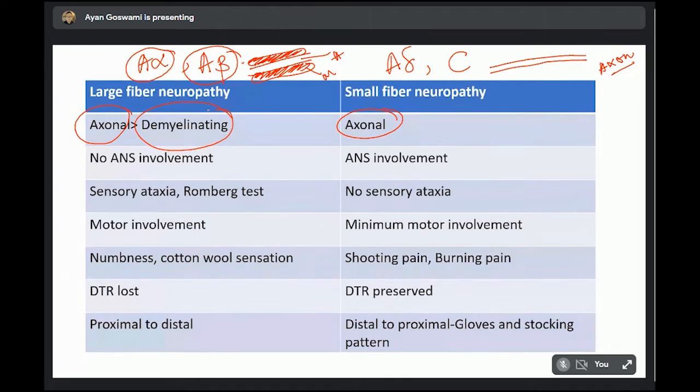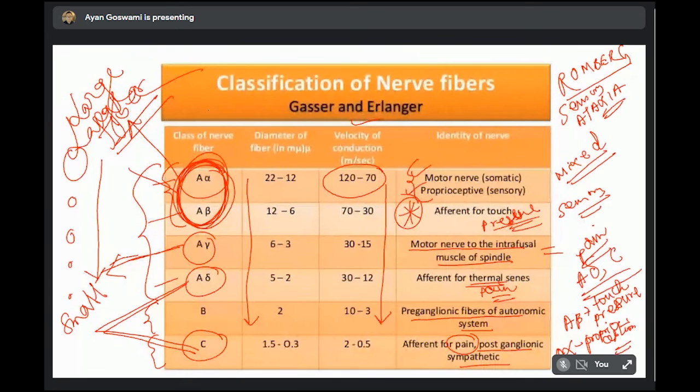Now you see that A alpha and A beta don't have any autonomic component. They might be sensory, they might be motor, but they are never autonomic.